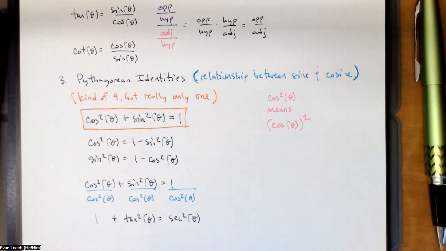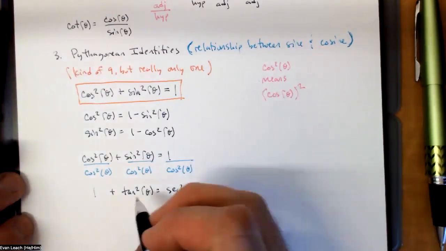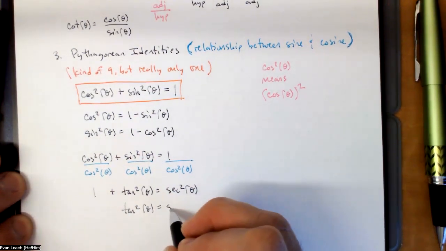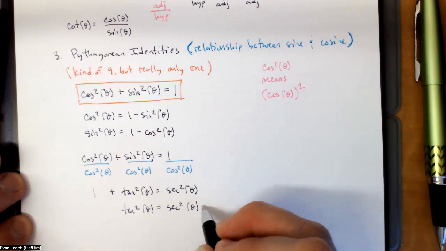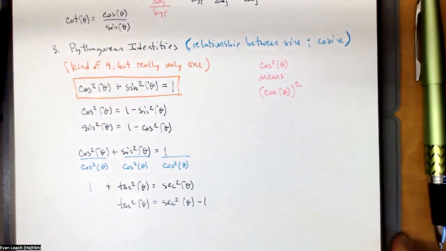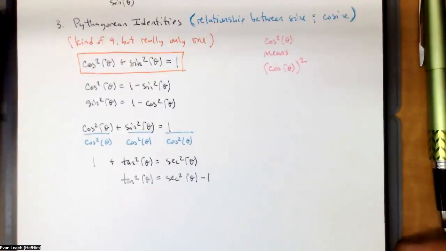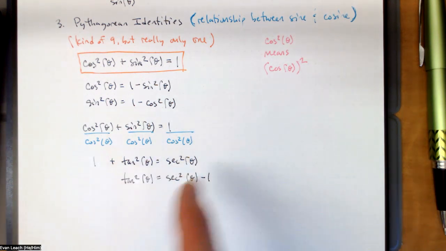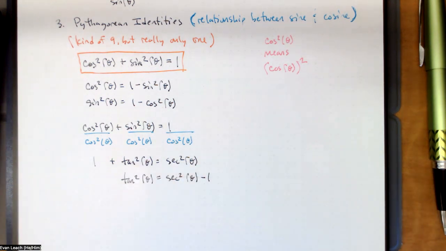Written this way, secant is all by itself, but I could write this in terms of tangent and say tangent squared is secant squared minus 1. And for completeness, there's another one. Instead of putting the 1 on the other side of the secant, I can put the tangent over there.